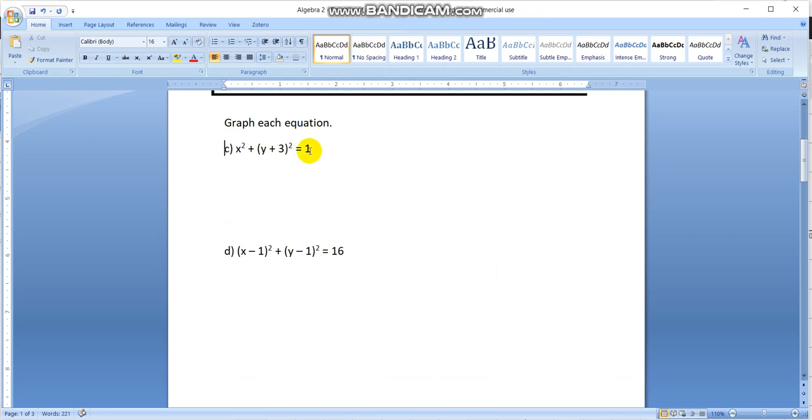Letter C. Same idea. If you kind of see a pattern with this, this is 0, this is -3, and for the radius we have to take the square root of 1, but I'll show you that later. So h comma k is 0, comma -3.